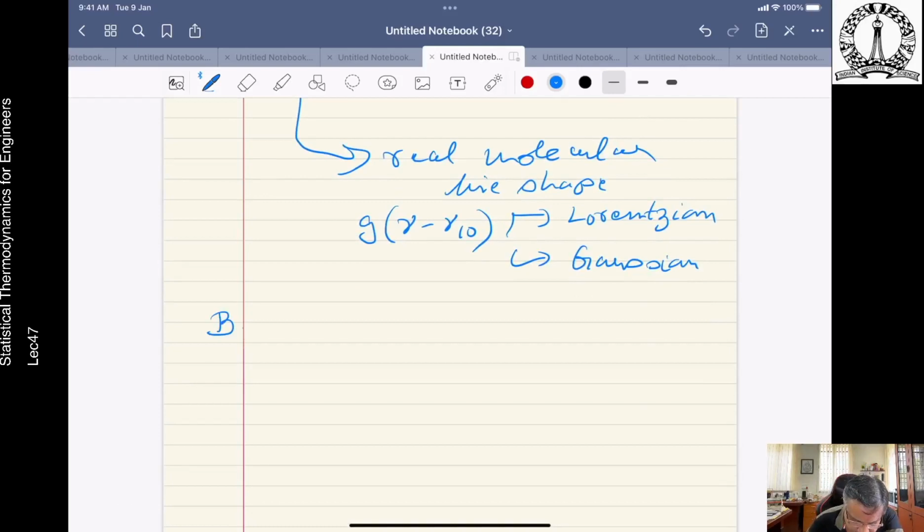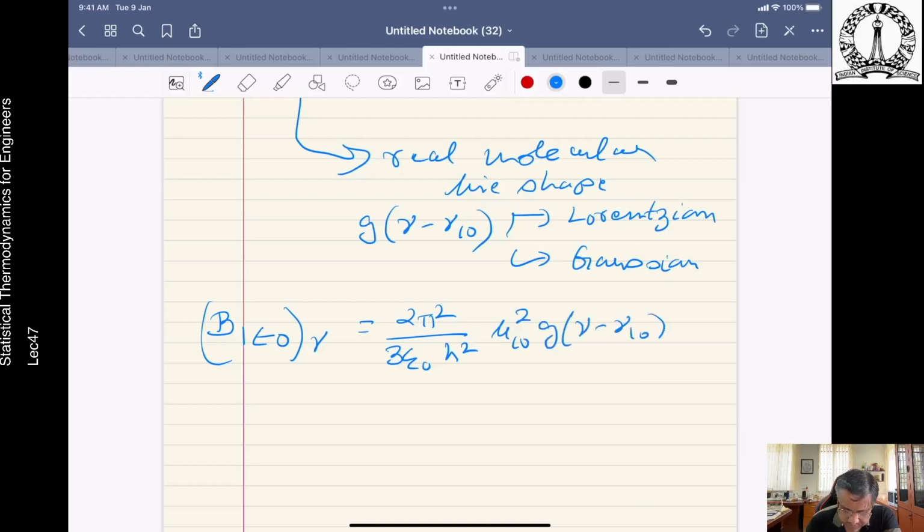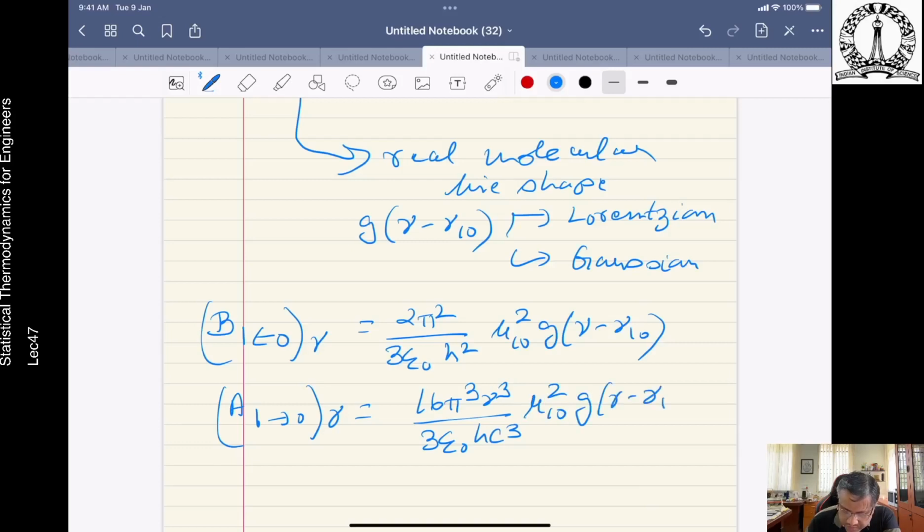So 2 pi square V epsilon naught square mu 1 naught square G is the first one, and then A 1 to 0 gamma 16 pi cube gamma cube divided by 3 epsilon naught h c cube mu 1 naught square G, B minus B1 naught.